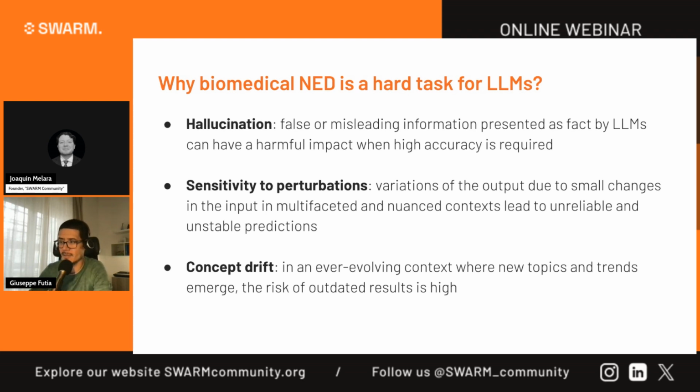There is the sensitivity to perturbation that can play a crucial role, and it's a big issue because the biomedical domain is characterized by multifaceted and nuanced context. And there is the issue related to concept drift, because the biomedical domain is a never-ending evolving context where new topics and new trends continuously emerge, and then the output of a large language model could be outdated based on my specific requirements.